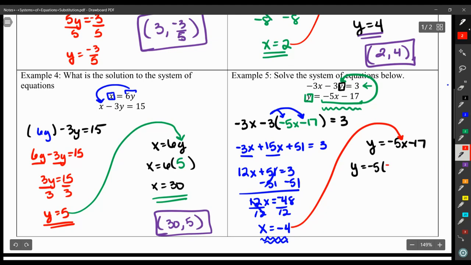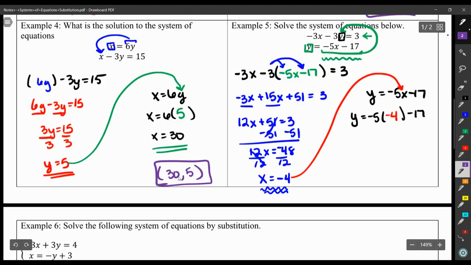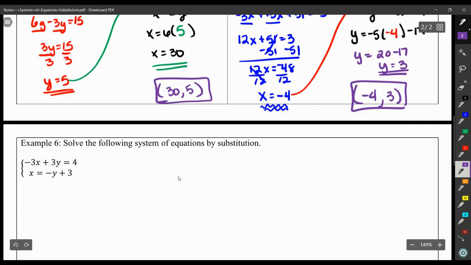So we get negative 5 times negative 4, which is positive 20, and 20 minus 17 makes 3. So the y value of the solution is 3. So to put it together as a coordinate, we have negative 4 as the x, comma, positive 3 as the y. So I want you to pause the video, and I want you to try example 6.